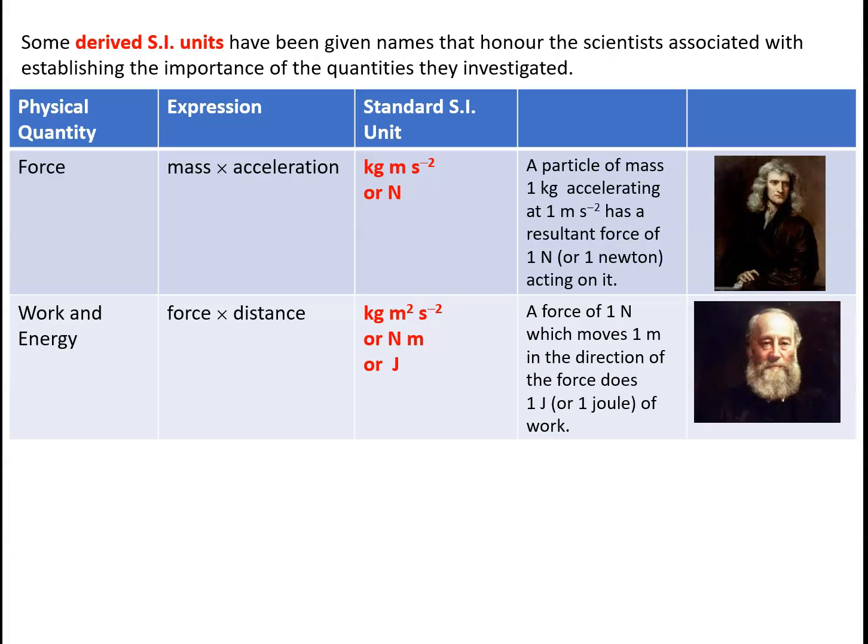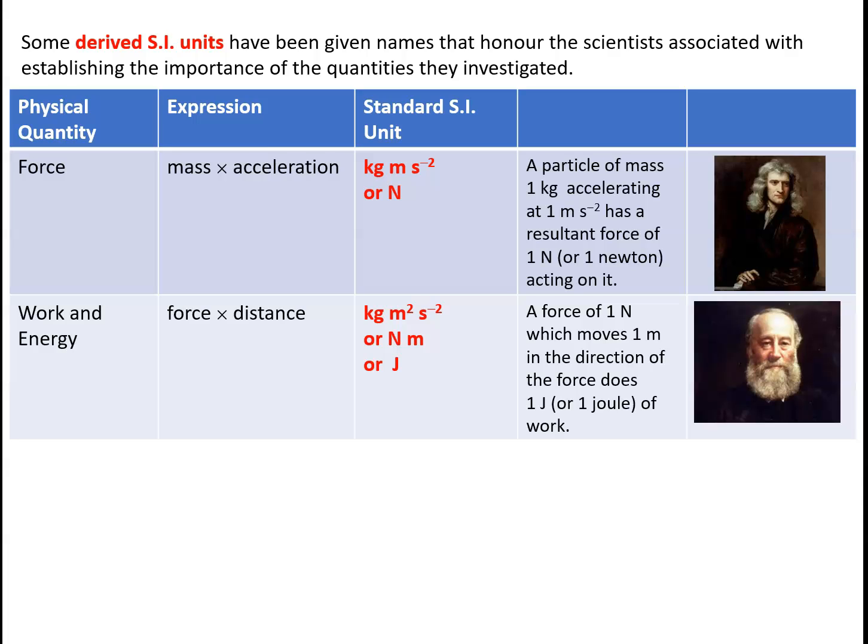So that's going to give me kilogram meters squared second to the minus 2, or kilogram meter squared per second squared. Or we could say it was simply newton times meter, because the unit of force is the newton. So the unit of work and energy could be written as newton meters.